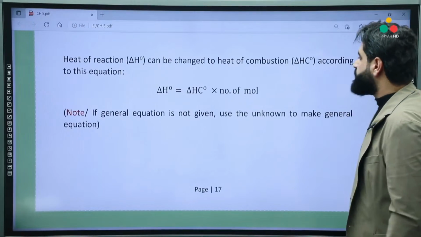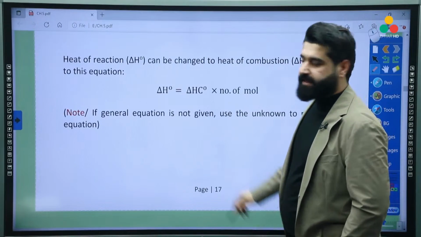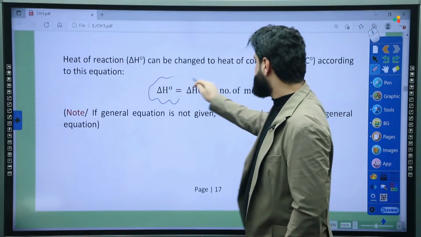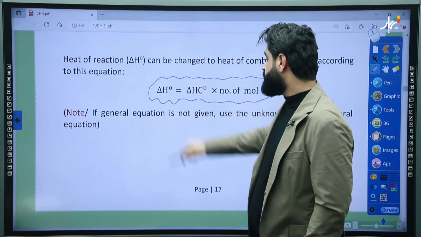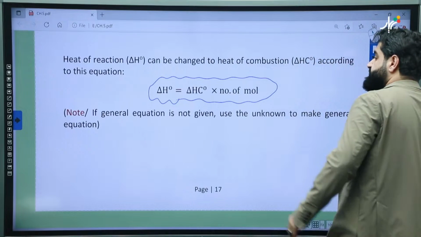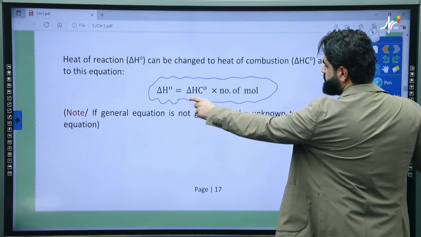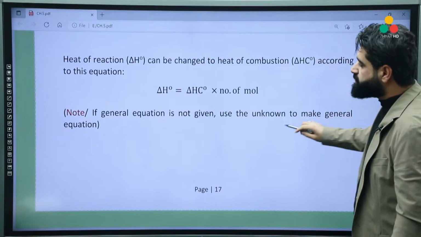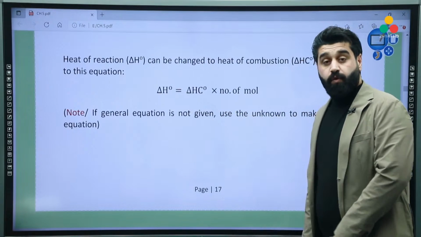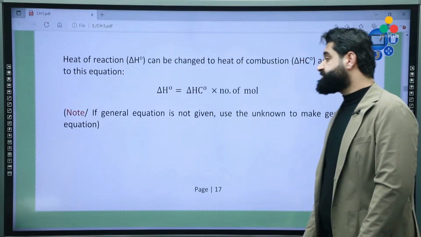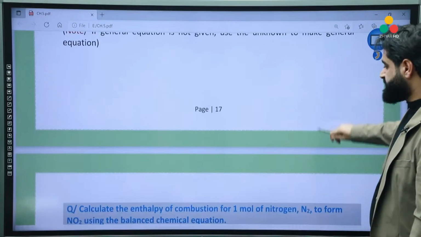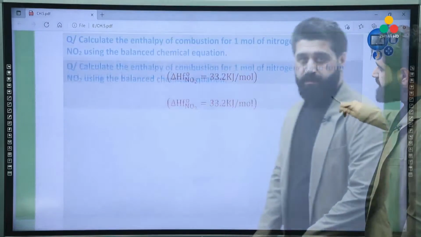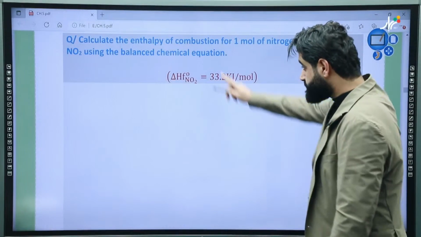We have a wonderful relation between delta HC and delta H for the reaction. Delta H equals delta HC times number of mole. So most of the time they are equal because we will combust 1 mole as a standard combustion reaction. That's why they are equal, okay, if 1 mole of substance is combusted. Let's solve this question.